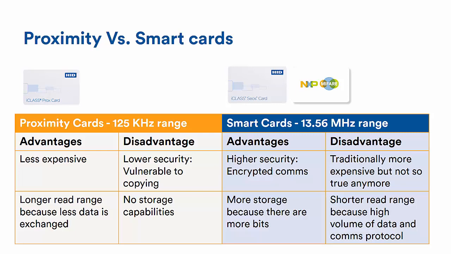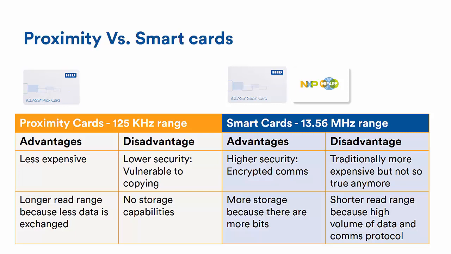So if your customers want more applications out of their card and a secure credential, you should guide them towards the 13.56 megahertz smart card, as they offer encrypted communication between the card and reader, as well as more storage because there are more bits. That additional storage affords more capabilities like storing a biometric template.